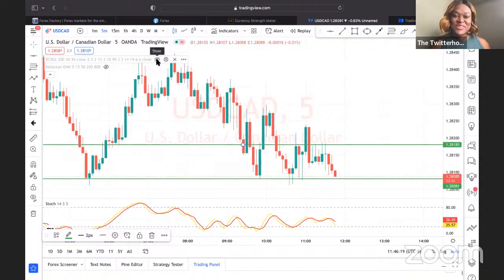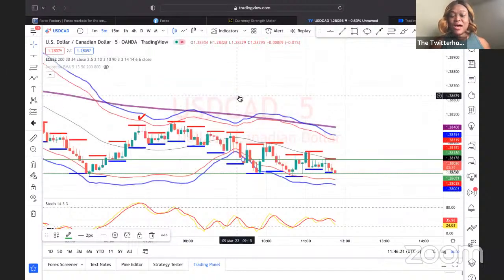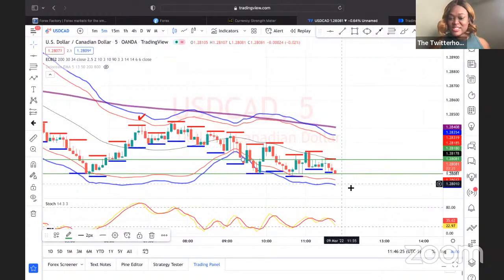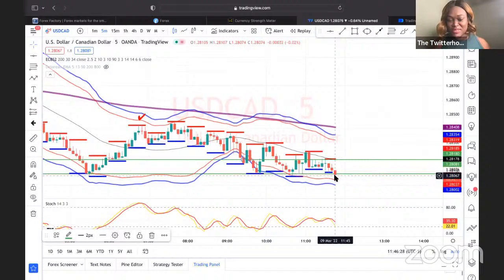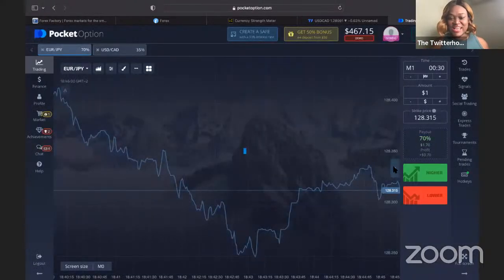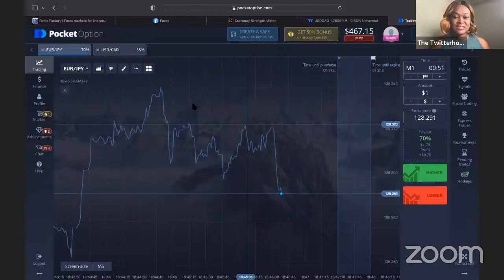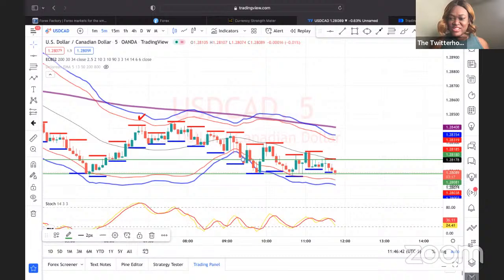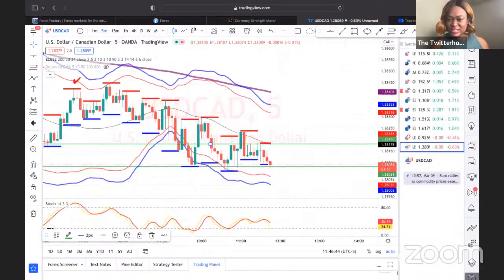So now we just gotta wait on that. USD CAD is looking a little bit more promising. I just need to see a pullback up here. So once we know we're looking to get into USD CAD, okay, what's Euro JPY doing? Will we get that entry? Hold on.